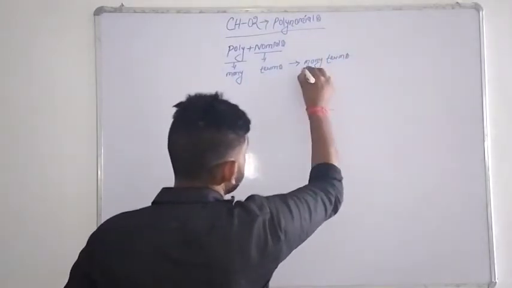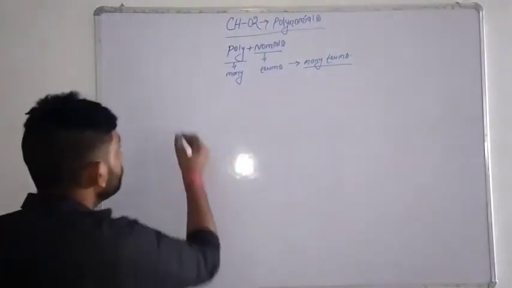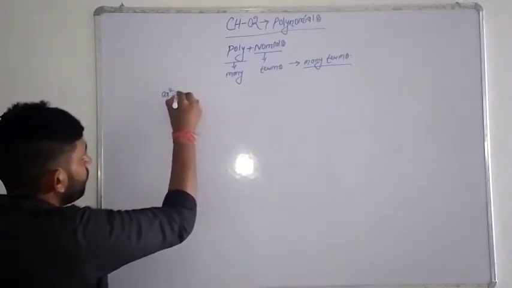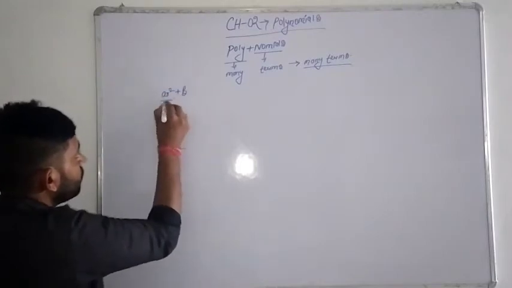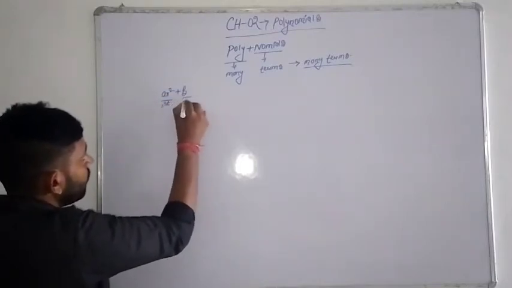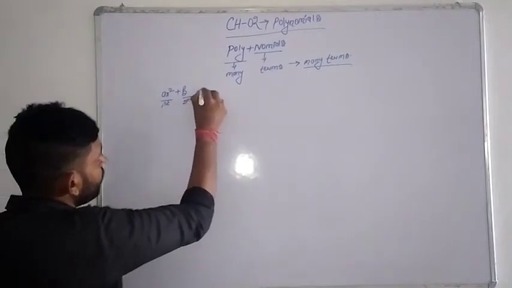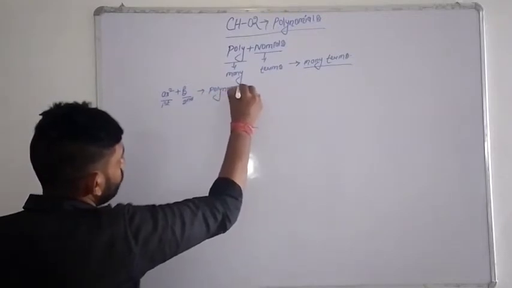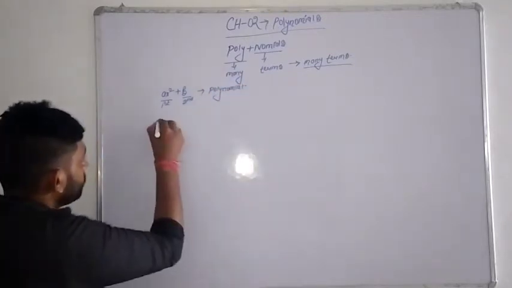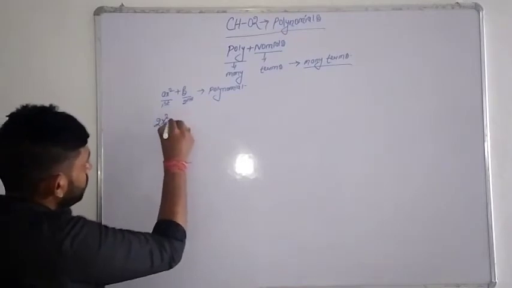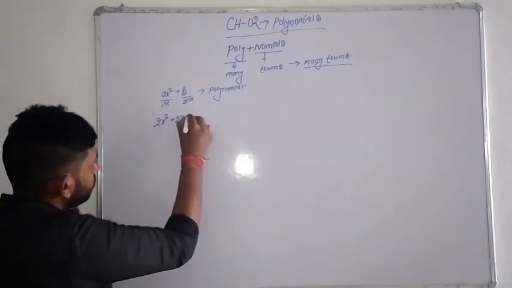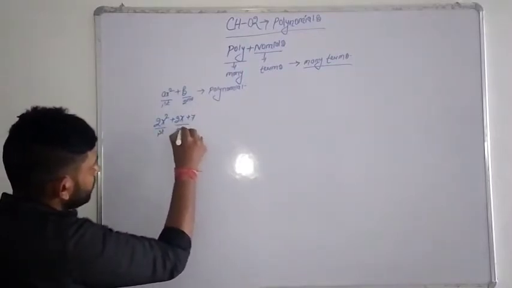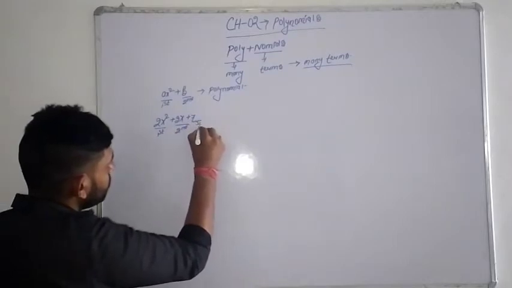Now, suppose a square plus b. Here there is a first term and a second term, so it is a polynomial. Now, 2x square plus 3x plus 7: first term, second term, and third term.